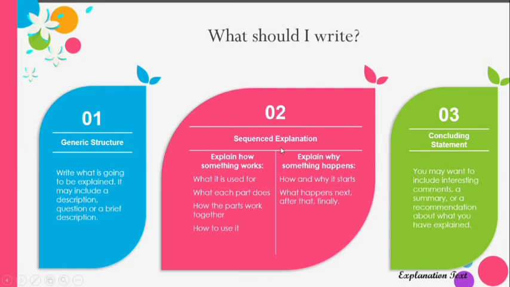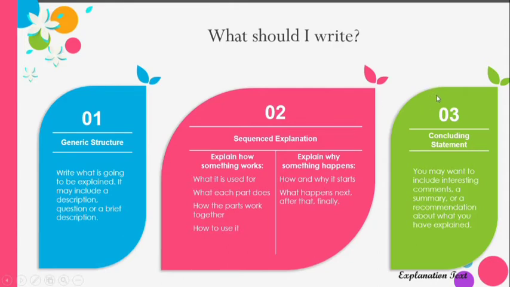And when your explanation shows why something happened, you can start with the question how and why it started, what happened next after that, and finally. So in a sequence explanation, you give a brief explanation in chronological order about the steps and answer how and why something happened.